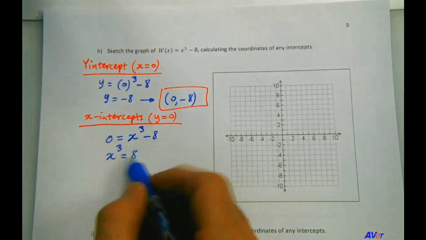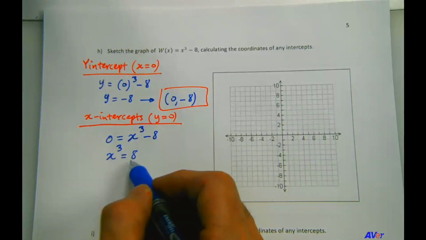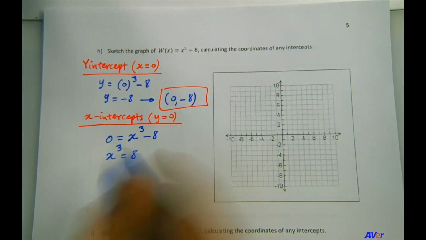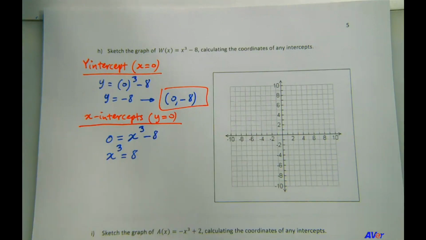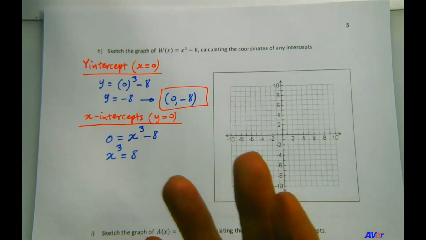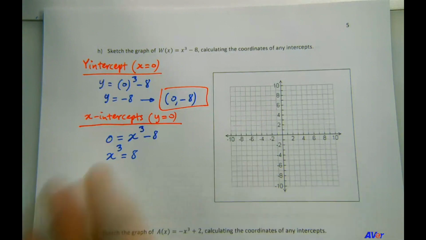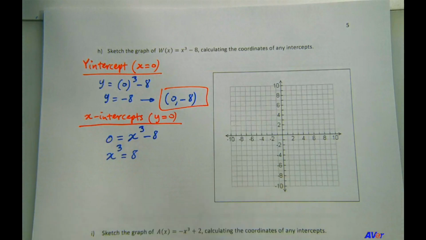Now we take the third root of both sides, right, to cancel this power. Because we're taking the odd root of both sides, odd meaning the index of the radical expression will be 3, so it's odd, then we're not going to end up with plus or minus.